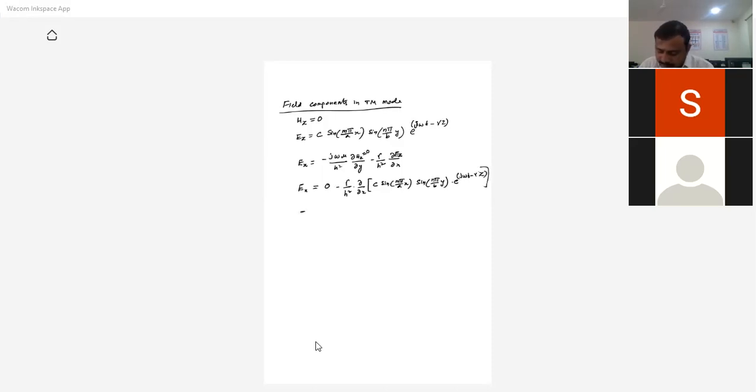Now you can write Ex is equal to minus gamma by h square, only the partial derivative of x.